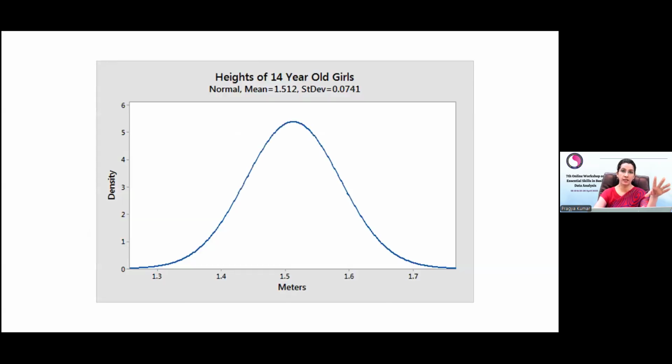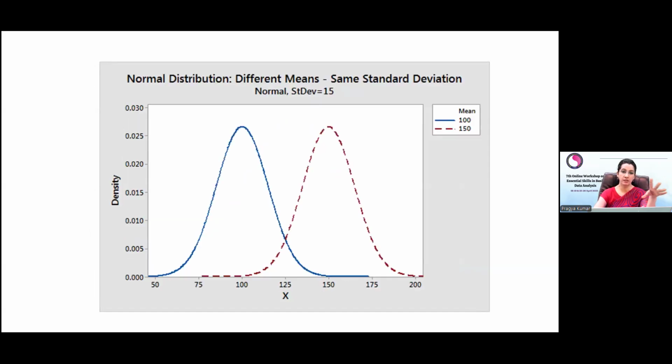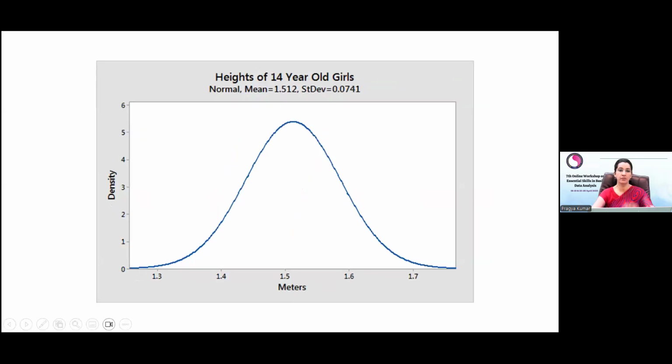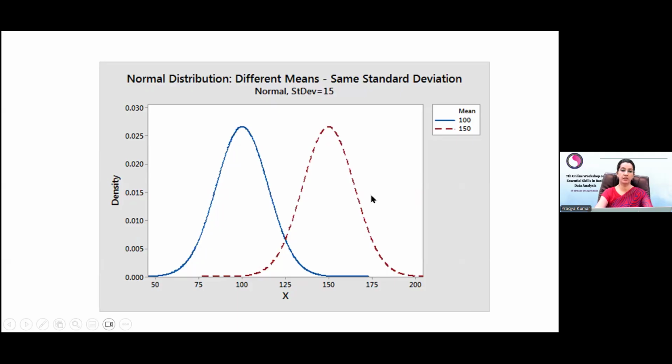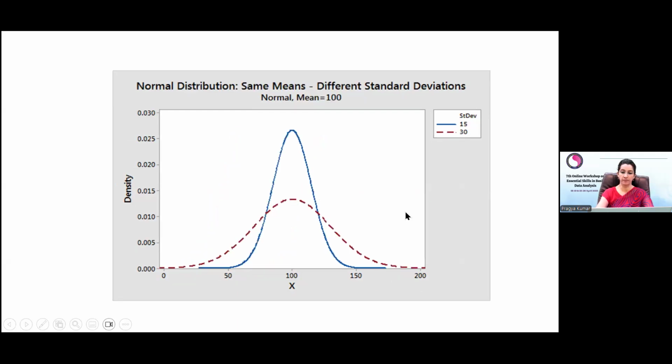Coming to another way, you can see again some graphs. This is the bell-shaped curve. Again, these are two bell-shaped curves, which are showing two distributions with different means and the same standard deviation. So this height is your mean. In this case, means are different, and the dispersion is the same.